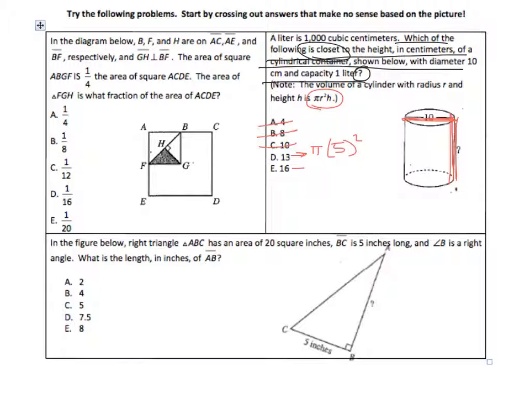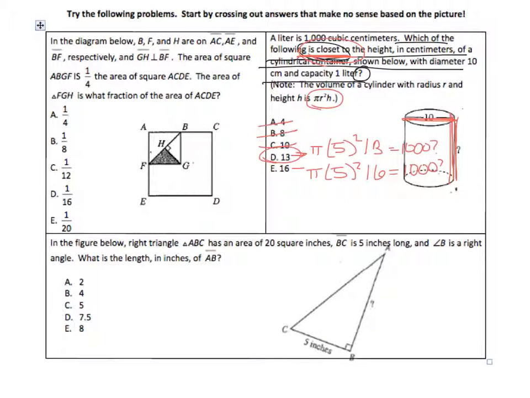So 5, pi 5 squared times 13, and see if that gets you close to 1,000, or does 5 squared times 16 get you close to 1,000? Okay, and again, you're not going to get exactly because the question says closest. Well, I guess this says closet, but it's supposed to say closest. So which one gets you closest to 1,000? That's going to be D.